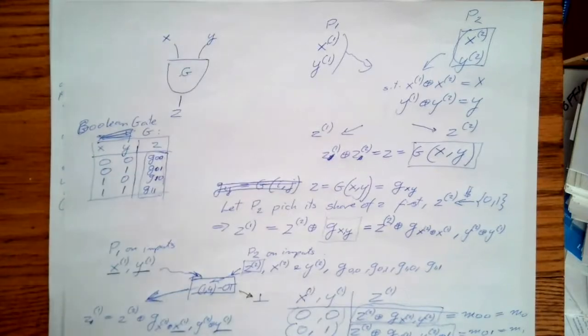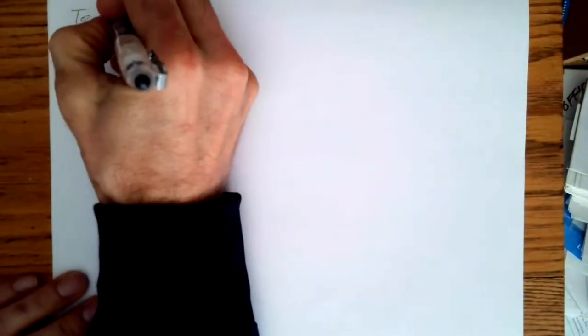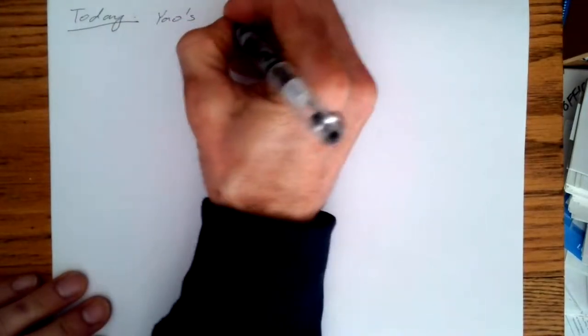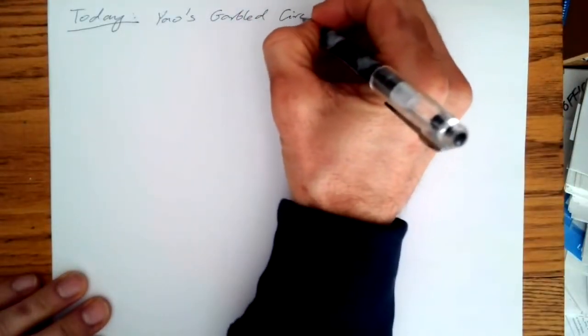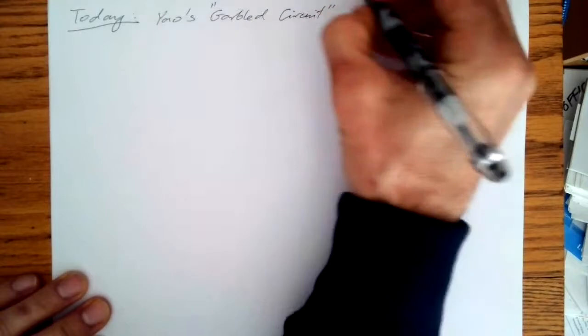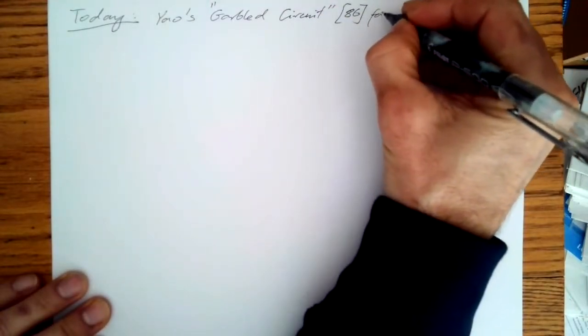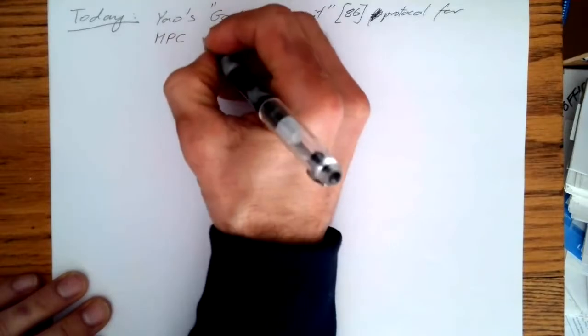All right. Okay, so that was the GMW. Now we are going to Andrew Yao's garbled circuit construction from '86, actually shortly before GMW, a protocol for multi-party computation.